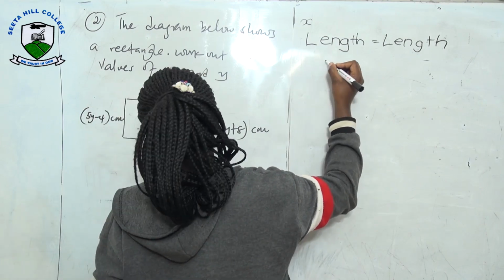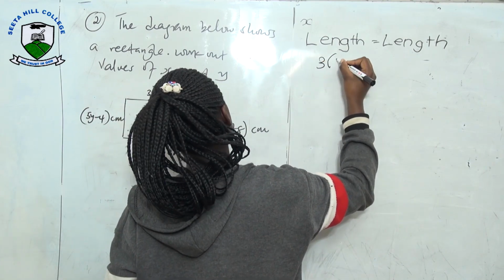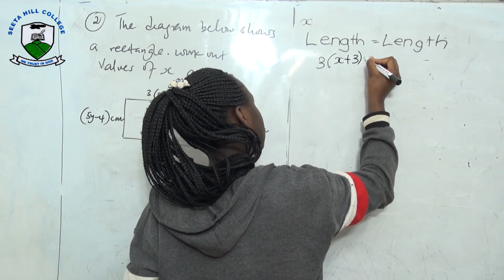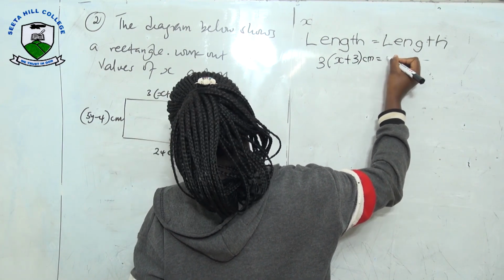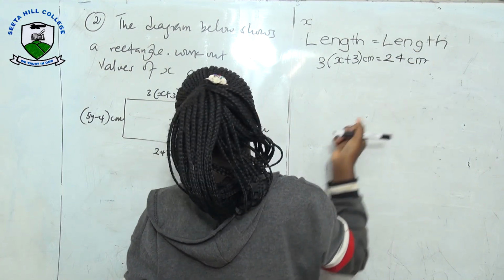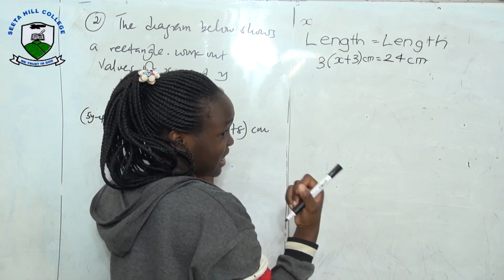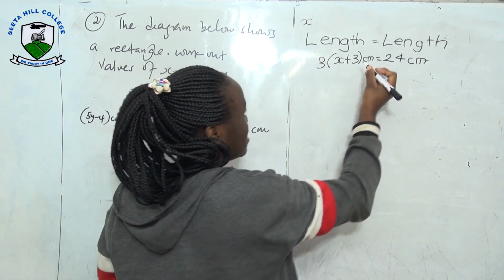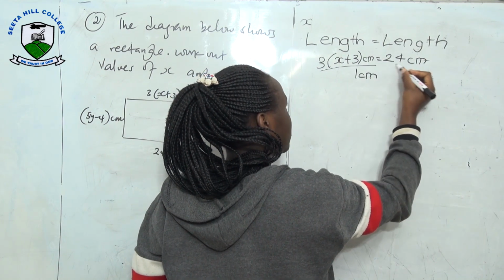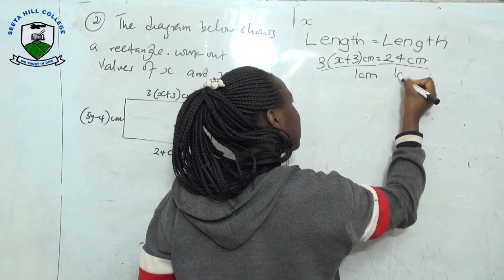So 3 into brackets x plus 3 centimeters equals to 24 centimeters. Remember, we have to only find x and there mustn't be any centimeters. So we shall divide both sides by 1 centimeter to get rid of these centimeters.